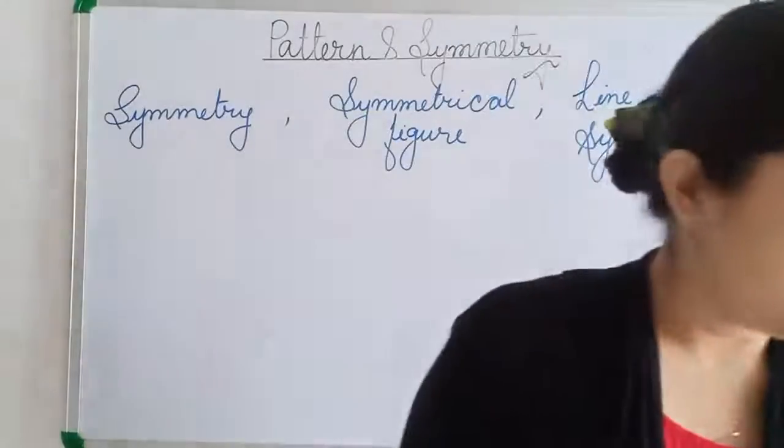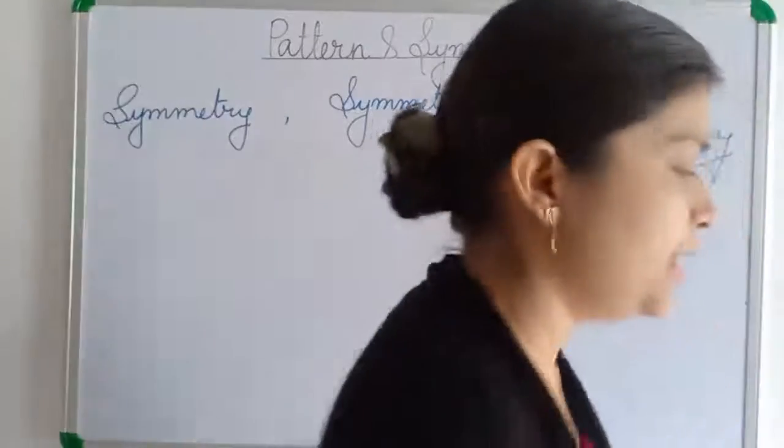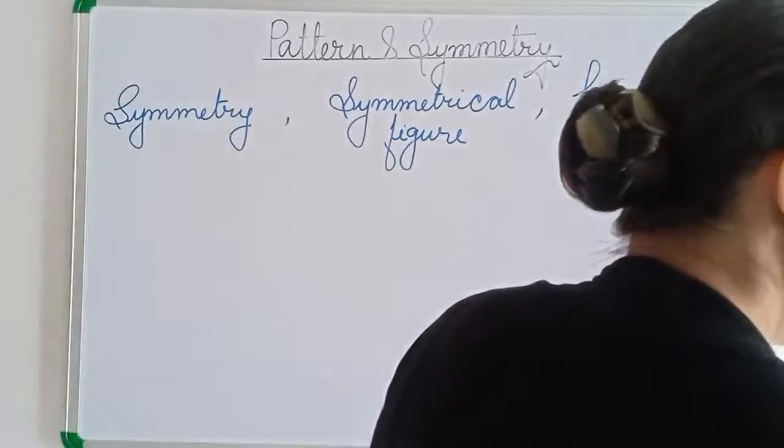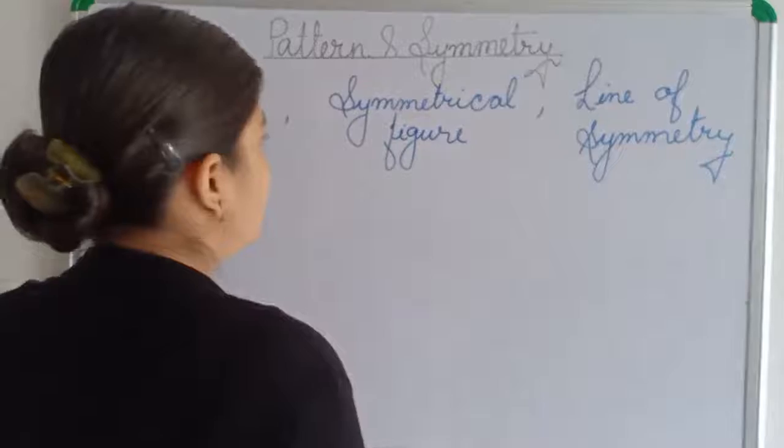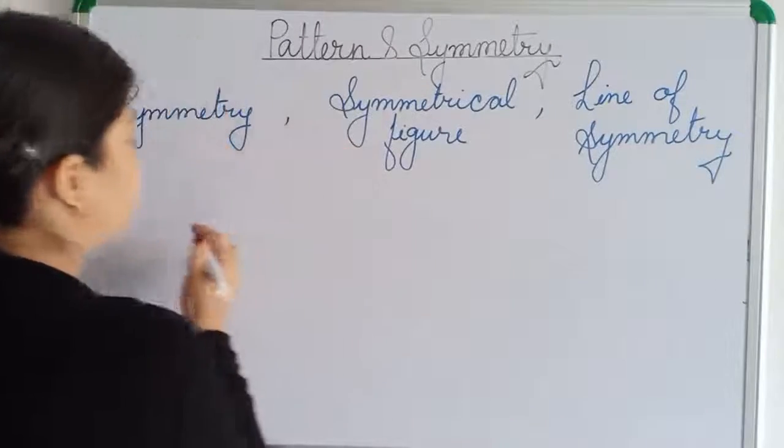So what we have learned today, the figure which we can divide into 2 equal halves is known as a symmetrical figure. Okay. There are 2 types of figures, symmetrical figure and non-symmetrical figure.